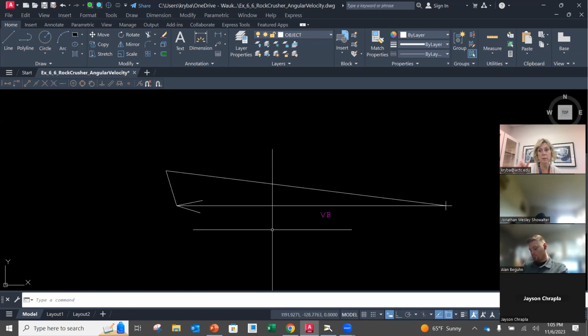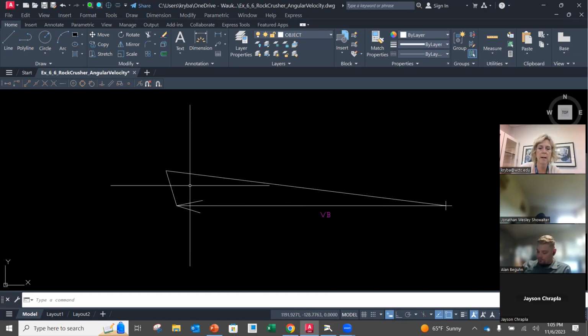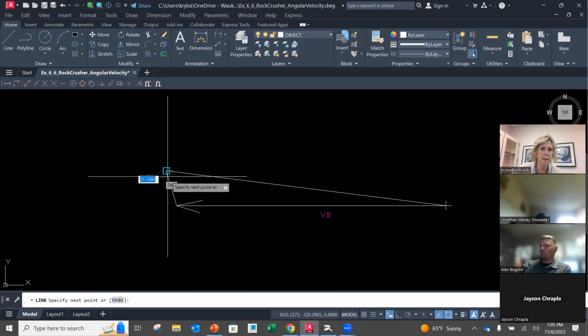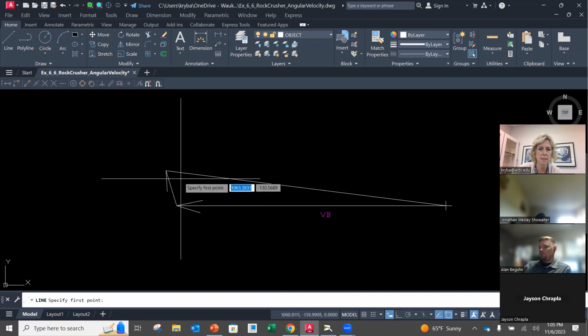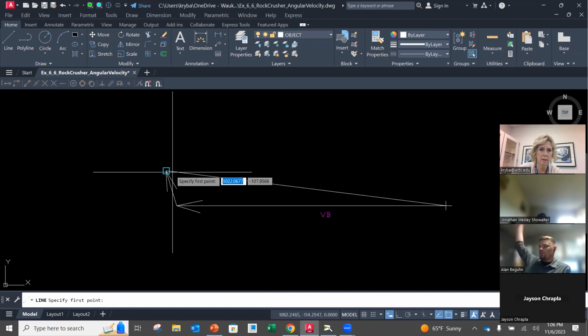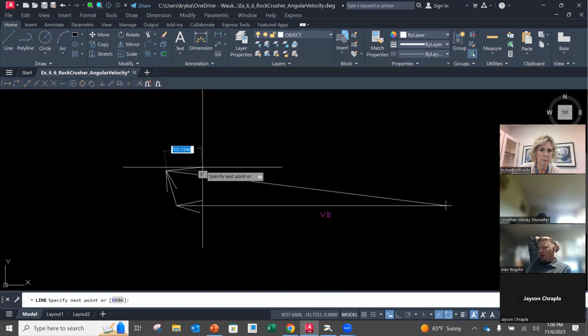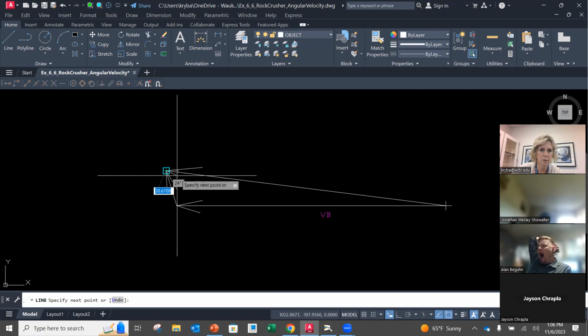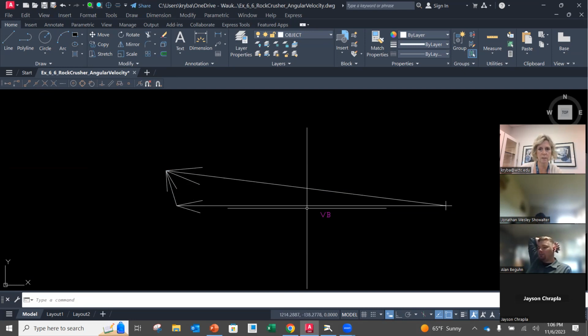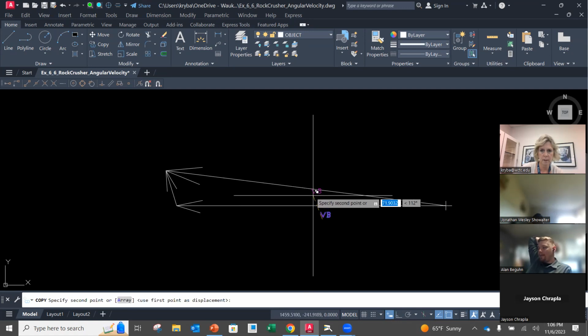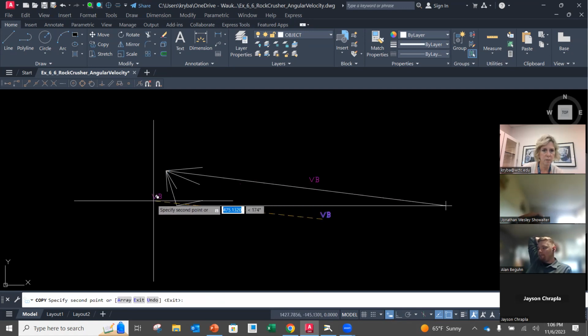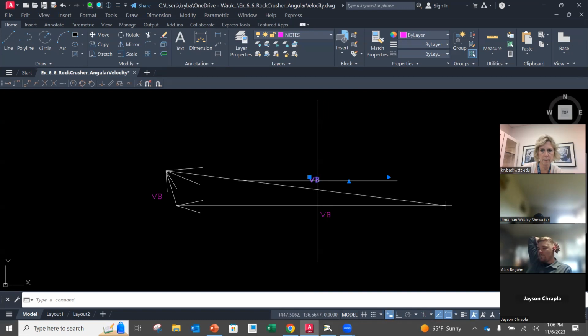Okay. Now I need to finish it with my arrowheads and labels. So I'm going to add in line for the velocity of C here and here. I'm going to make this one a little bit bigger just so we can see the difference. And then I'm going to copy this up here and over here, and label them appropriately.